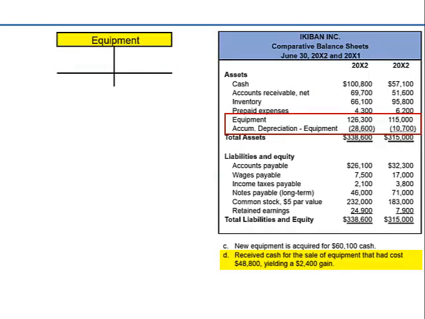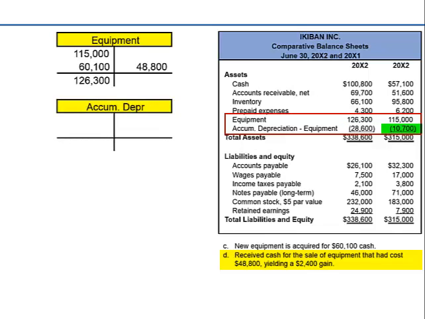The balance in the equipment account at the beginning of the year was $115,000. We know that we purchased $60,100 of equipment and then sold equipment that had a cost of $48,800. $115,000 plus $60,100 minus $48,800 explains the ending balance of $126,300.